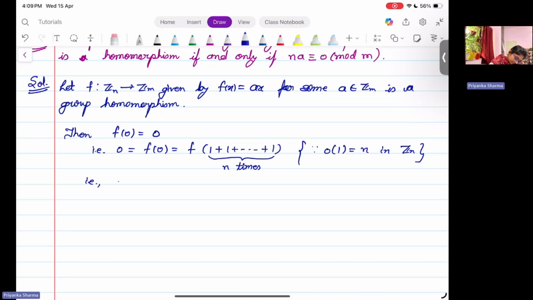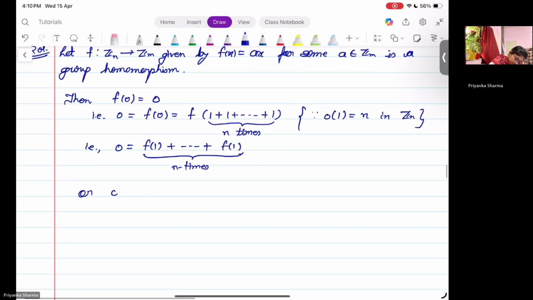That is, 0 is... this will be f of 1 plus f of 1, n times, since f is a homomorphism. So 0 will be n f of 1.